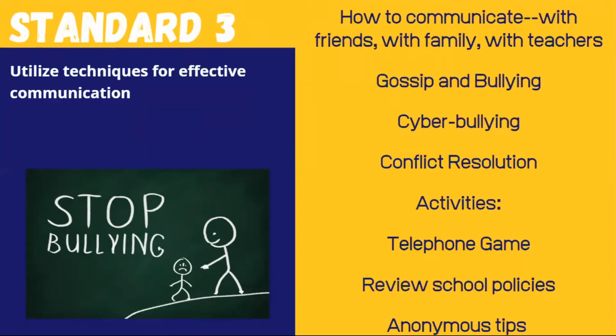Some of the activities that we do during this standard are the telephone game. If you've ever watched Ellen's Game of Games, or something like that, we start the conversation at one end, you whisper it to the person, and then they pass it down, and then they pass it down.